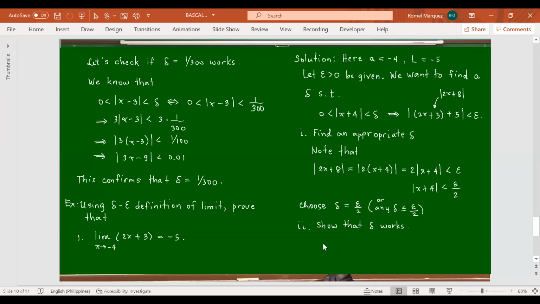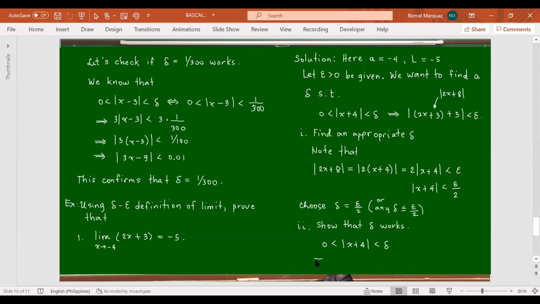So we know that 0 is less than absolute value of x plus 4, and that is less than delta.